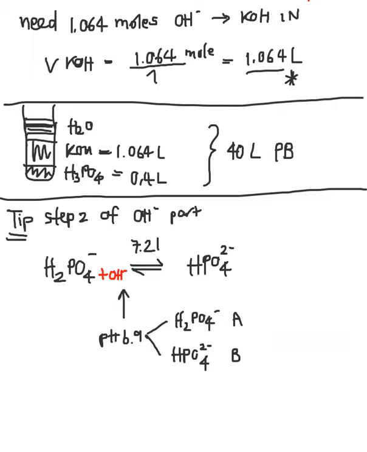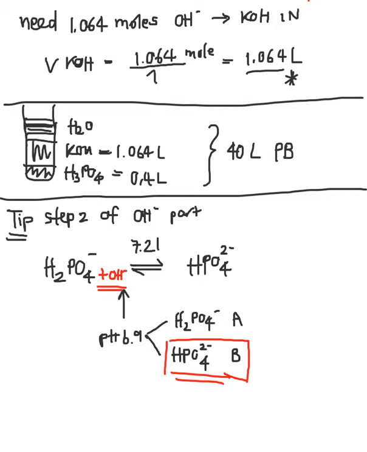And then the amount of hydroxide ion will only depend on the amount of HPO4 2 minus that you want at pH 6.9. So that's why we say that we need to use the ratio B in order to calculate the equivalence of hydroxide ion here.